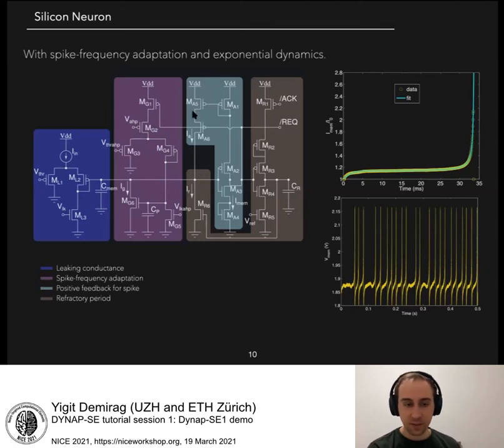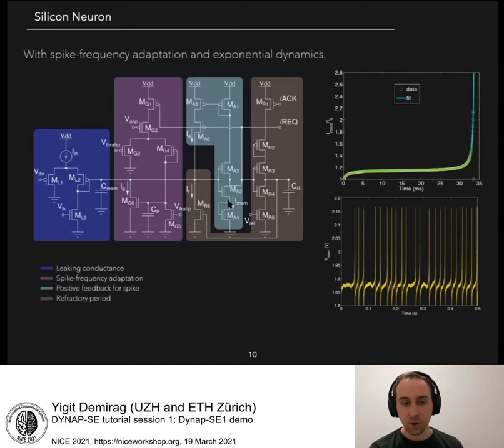This gray third block implements the event generation and the amplifier for positive feedback. Basically, it's modeling the sodium ion. And this last brown block resets the neuron and implements a refractory period, keeping the neuron at the resting state during the refractory period.